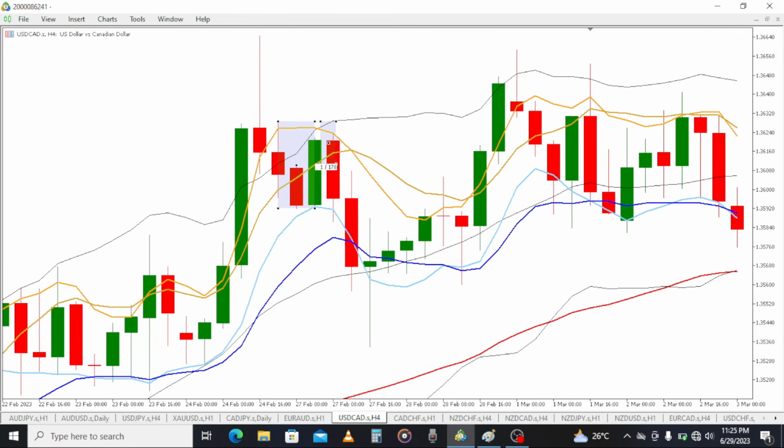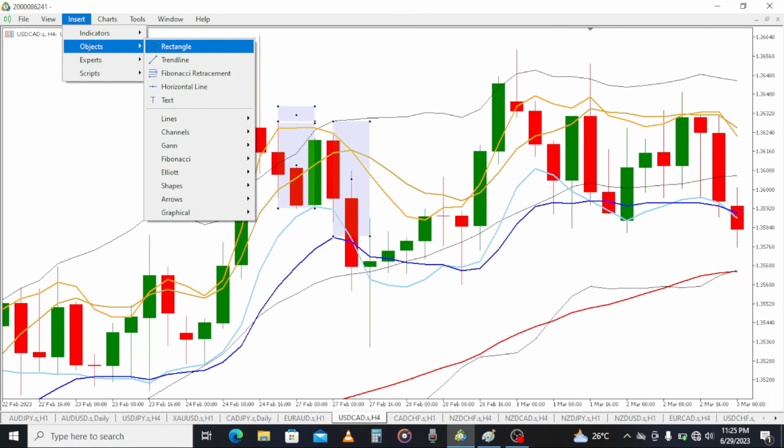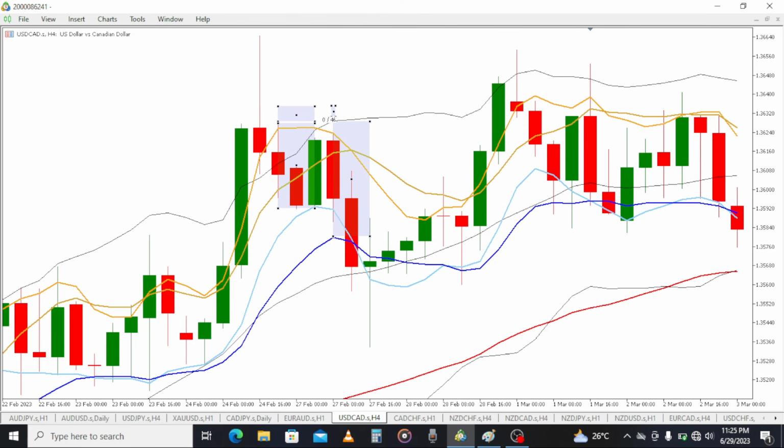Here we have moving average 10 high as our TP1 and moving average 10 low as our TP2. Now when placing stop loss in this trade, we should not do anything more than 30 pips. 30 pips is the maximum you should risk, and always be careful and always save your money, guys.